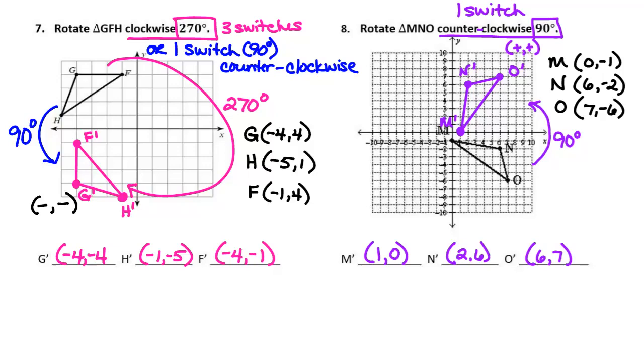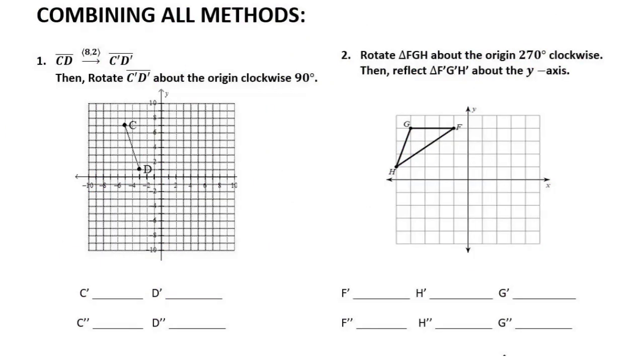So you know on some of those problems they've had us do 2 different things, like there's a part A, a part B, and then a part C. When we do 2 different transformations to our original graph, that's called a composition. We're going to be doing that here on the next page. But now instead of it just being translate, translate, or reflect, reflect, rotate, rotate, we're going to mix them together. So combining all of our methods together, doing some compositions.